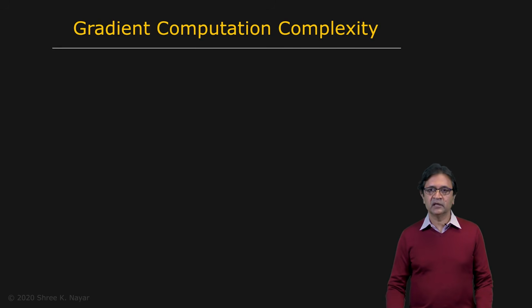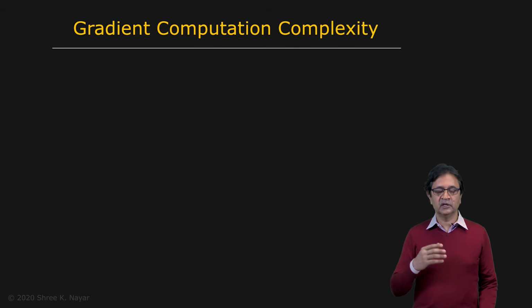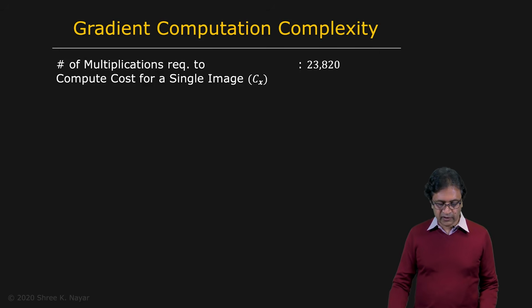So now let's take a look at complexity. You remember that we had something times 10 to the power of 13 computations needed when we used the regular approach to gradient descent to train a network. Let's see how much better we are doing here. So here the number of multiplications required to compute the cost for a single image is roughly 24,000.